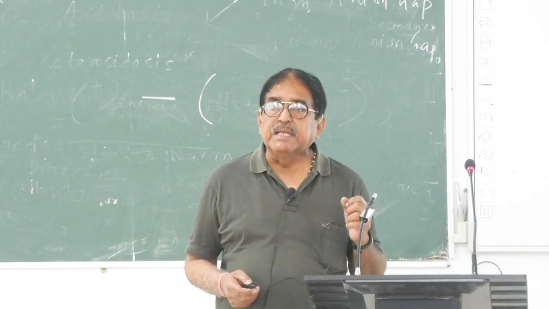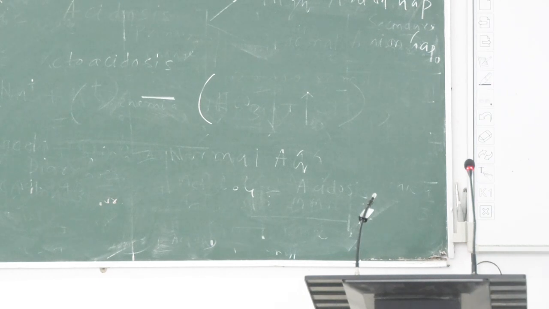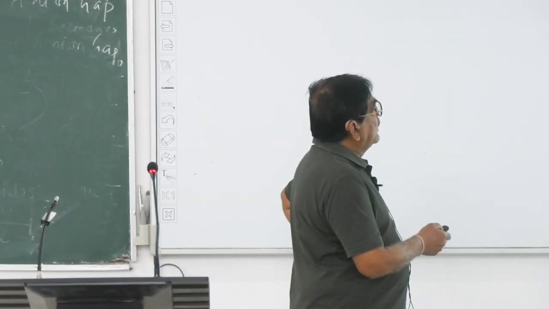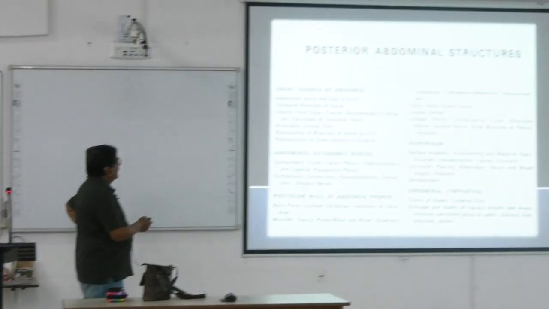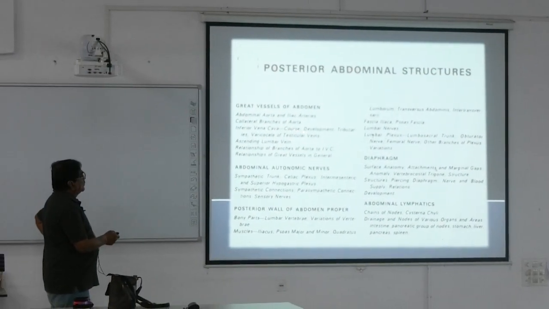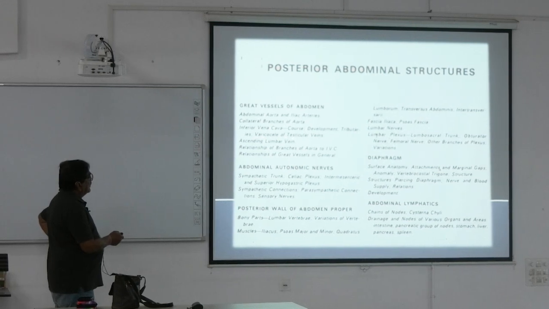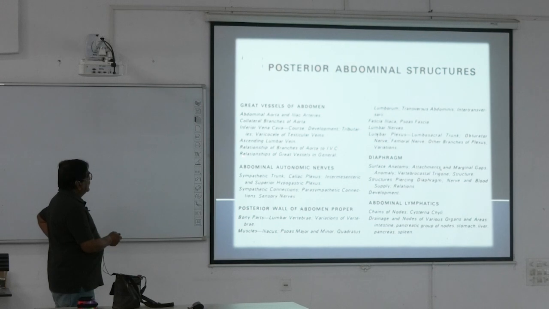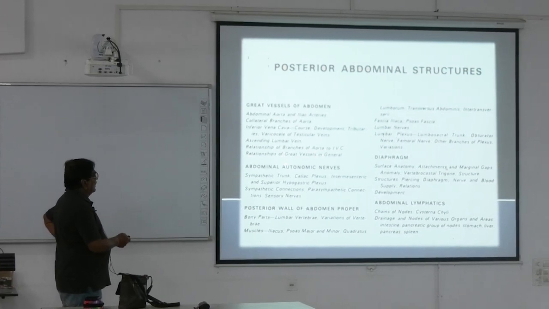You'll be seeing them. Now, the abdominal aorta and the arteries, collateral branches of the aorta, inferior vena cava, course, distribution, tributaries, and varicocele of the testicular vein, ascending lumbar vein, relationship of branch of aorta to inferior vena cava, relationship of great vessels in general.